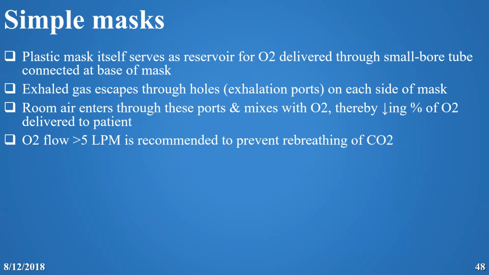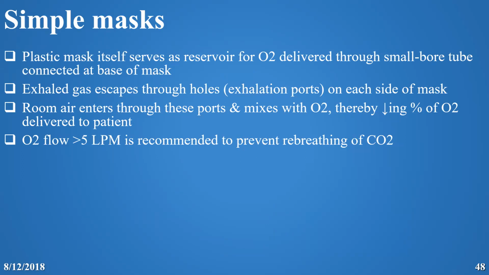So usually the simple masks are plastic masks. Some might have a reservoir. The exhaled gas escapes from the opening on each side, the exhalation ports. Once your baby starts to breathe in, the room air enters and mixes with oxygen, and that's why it decreases the oxygen supply to the patient.